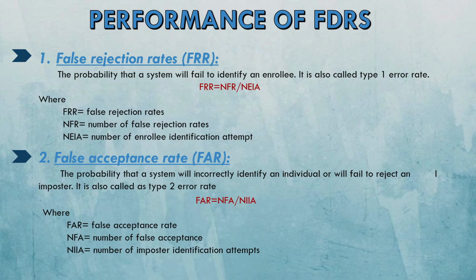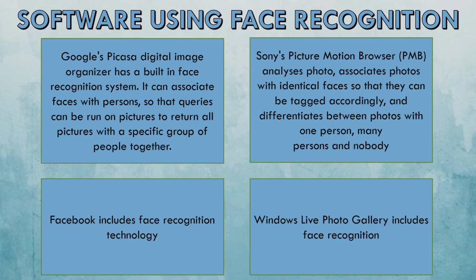And the false acceptance rate is a scenario where you haven't trained that student's face in the model, but the app recognizes that person's face with another person's name. That's wrong, so it is known as false acceptance. I think you got a basic idea about the performance of FDRS.